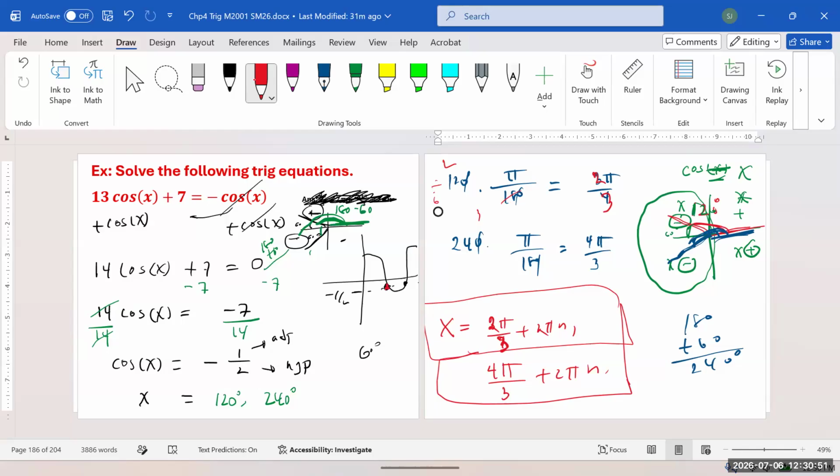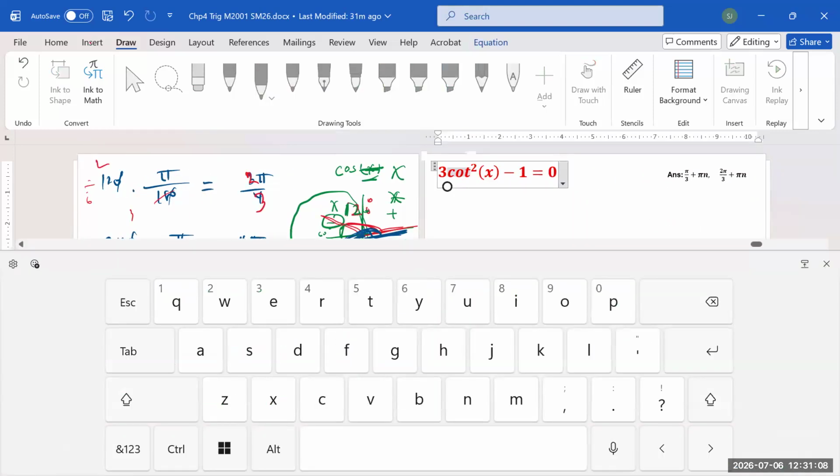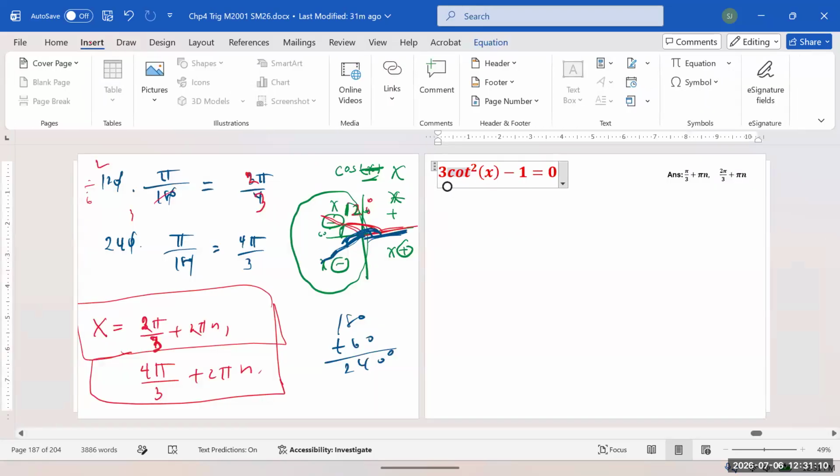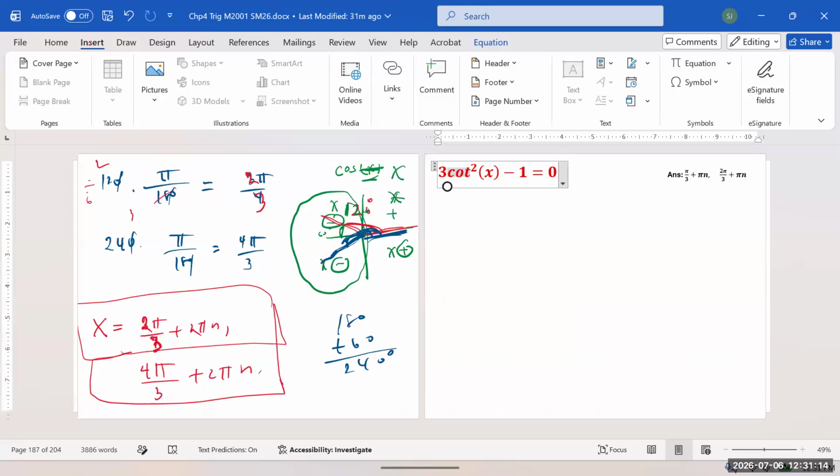For example, if I give you sine x equals 0, what's the answer? How many angles do you have? Sine x equals 0. How many solutions do you think we can have? That's the only solution?